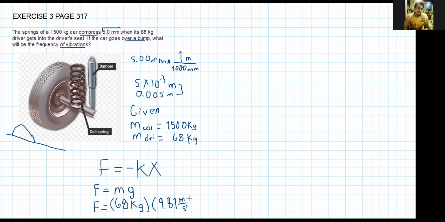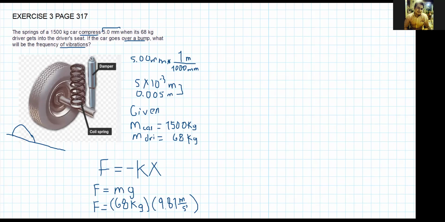Okay, you can ask a question like, why are we calculating the force with the mass of the driver and not with the mass of the car? Remember that the spring right now is basically being affected by the mass that we have over this spring, okay? So the mass of the car is part of the system, but the mass that is affecting is the mass of the driver.